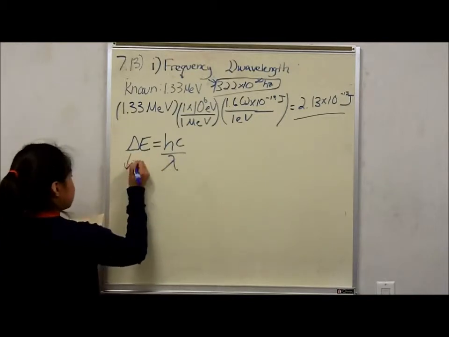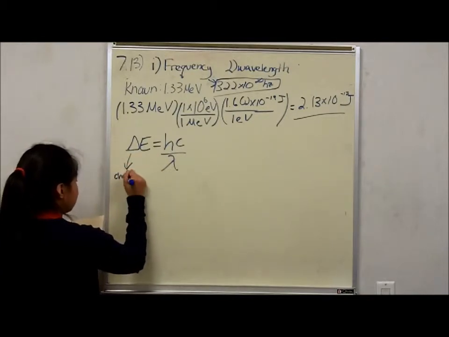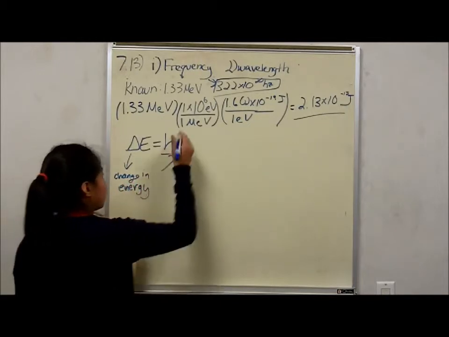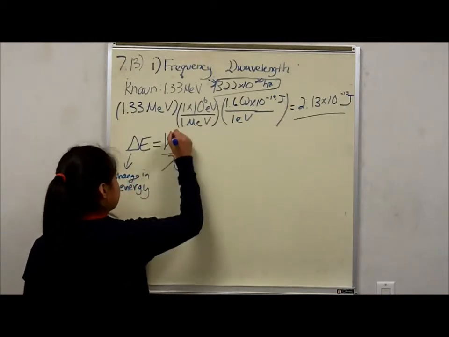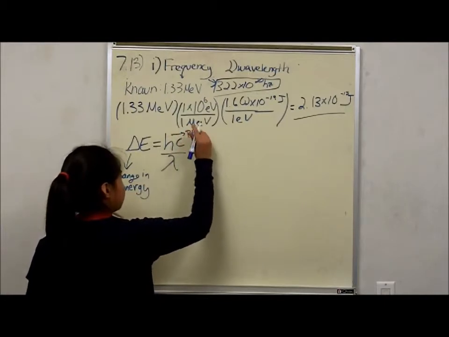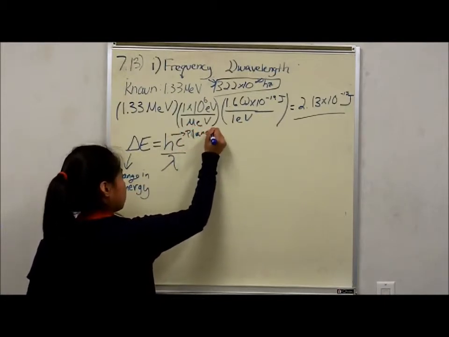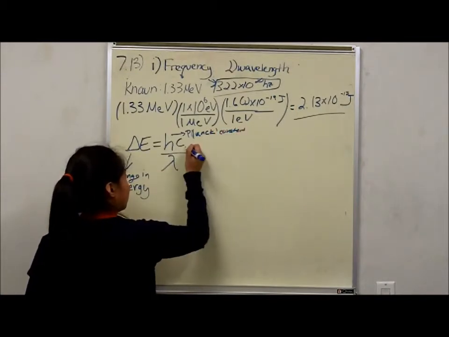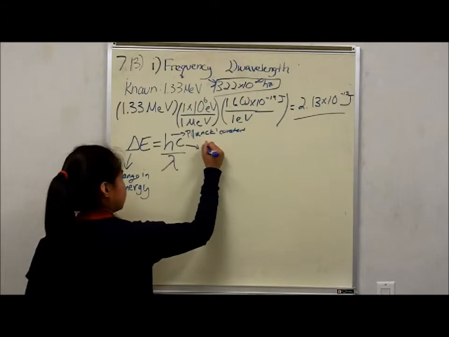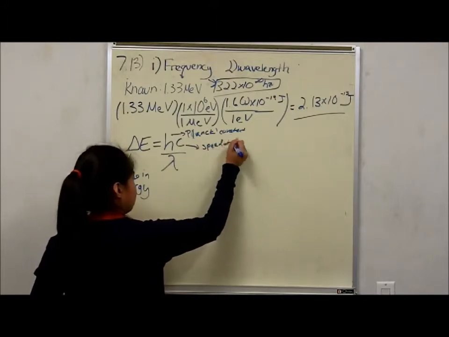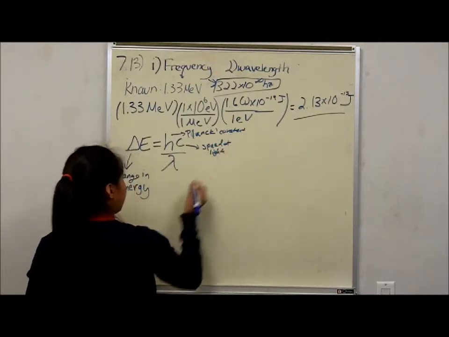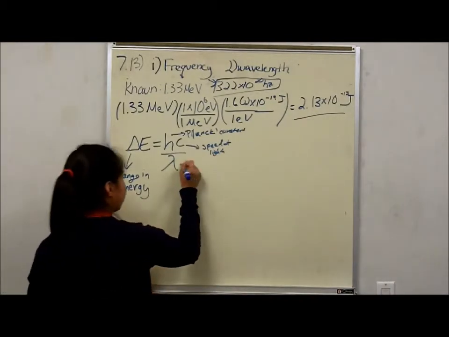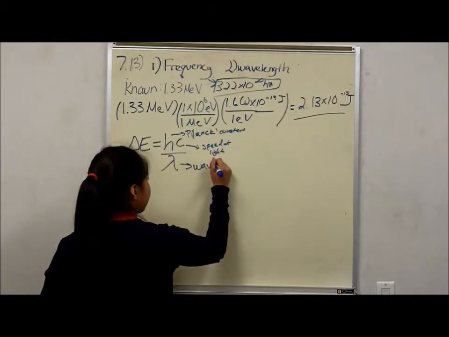Your delta E is the same thing as the change in energy, your h is Planck's constant again, and your c is the speed of light. And this symbol here is the symbol for wavelength, called lambda. So this is going to be wavelength.